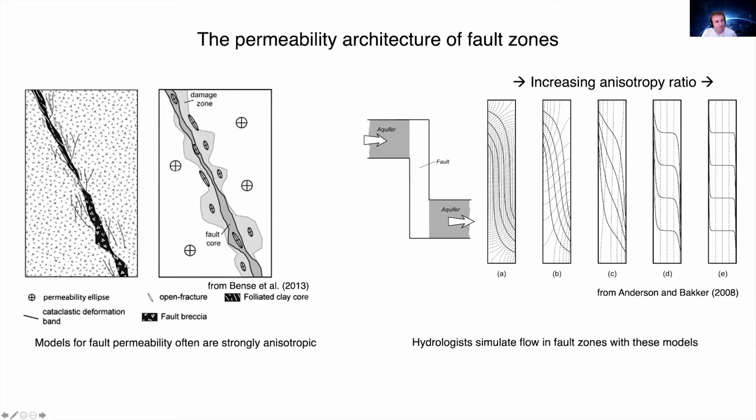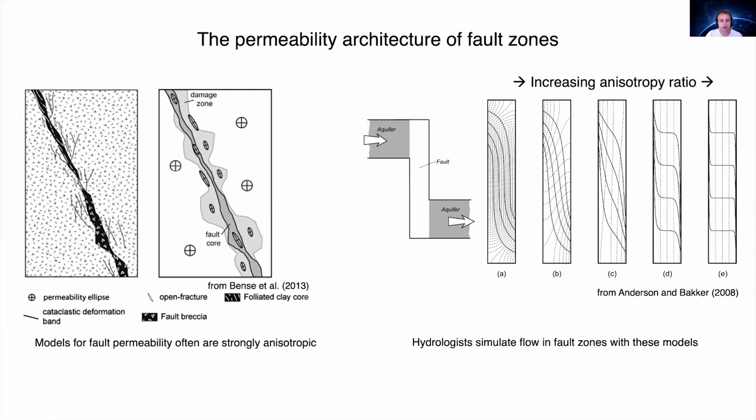However, I think it's well recognized that often the permeability of fault zones can be quite anisotropic. So here you have a schematic of this fault zone. And if you look at this model, where you have all these permeability ellipses, within the damage zone and the core these are highly elongated, which is supposed to represent that these are strongly anisotropic materials, and that might relate to the wear products and fabrics within them.